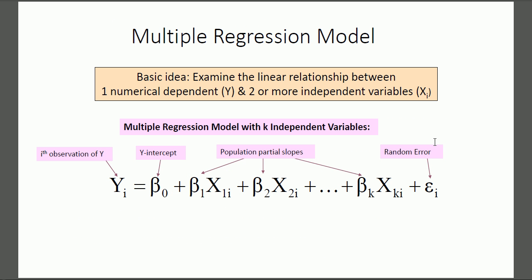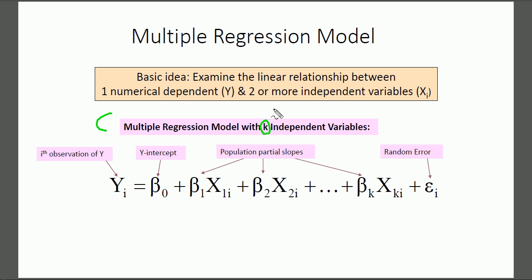So here's the multiple regression model. The basic idea is that we want to examine the linear relationship between one numerical dependent variable, the y, and two or more independent variables, x1, x2, x3, and so on. This is the multiple regression model with k independent variables, where k is a positive integer of 2 or more.